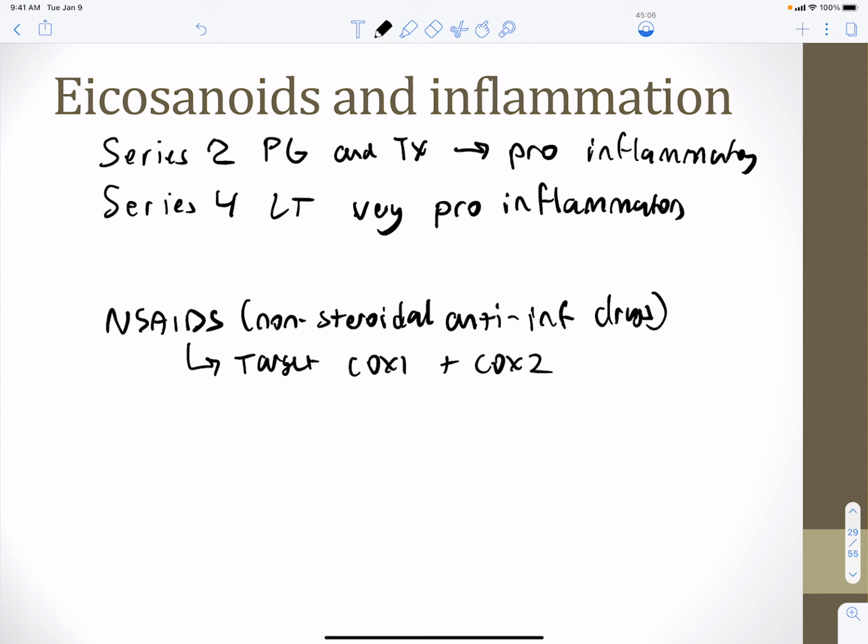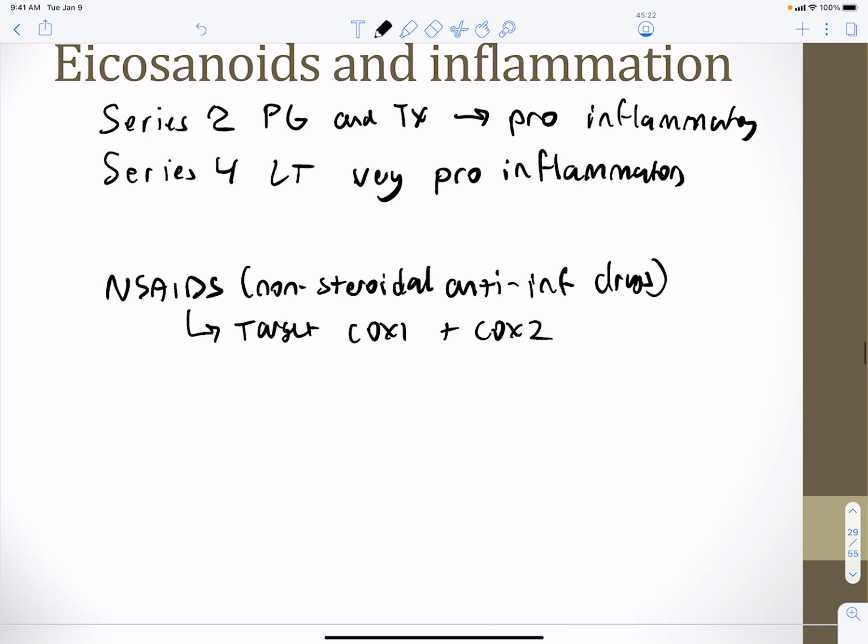And these are going to be aspirin, ibuprofen, naproxen, phenylbutazone, all examples of those. There are some cyclooxygenase 2 specific inhibitors as well. So those will be used more during an actual inflammatory process.